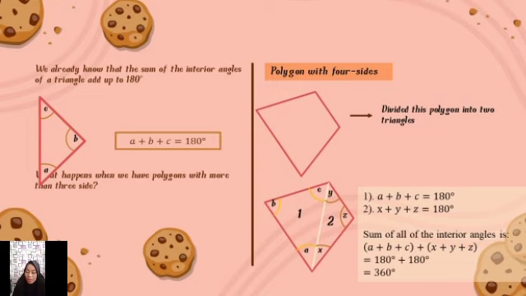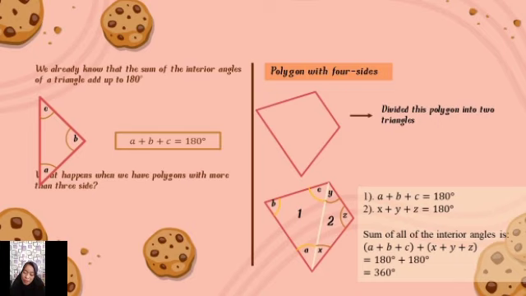The sum of all of the interior angles is (A plus B plus C) plus (x plus y plus z).